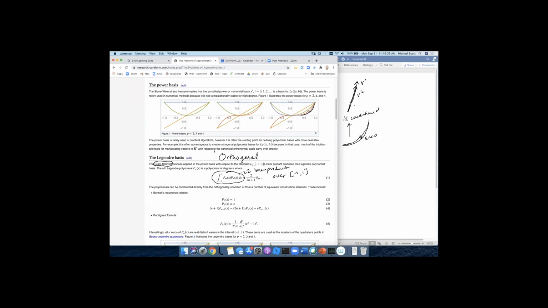Okay, so if you orthogonalize the power basis with respect to this inner product, you get the famous Legendre polynomials. And they're orthogonal, which means that if you take any two of them, P_M and P_N, and you integrate them according to the L2 inner product, it gives you basically a diagonal matrix with some scaling. Okay, so they're orthogonal.